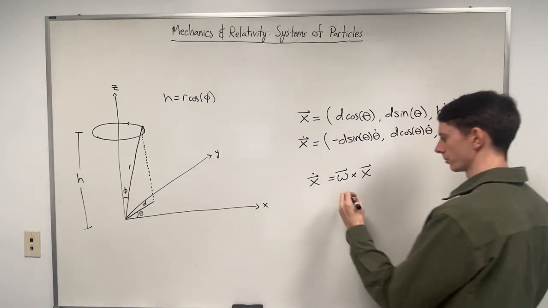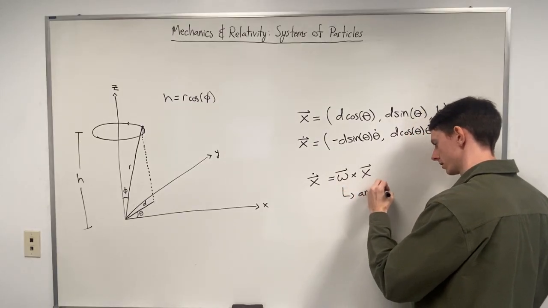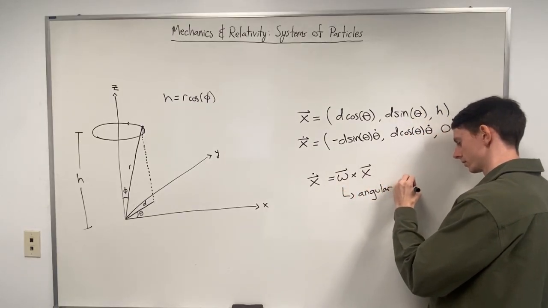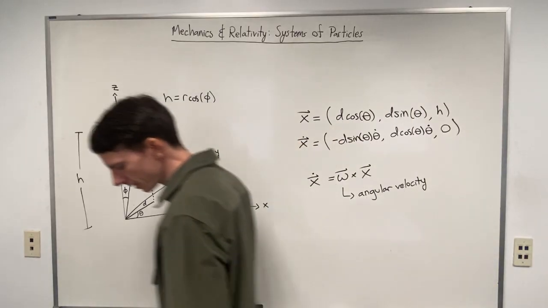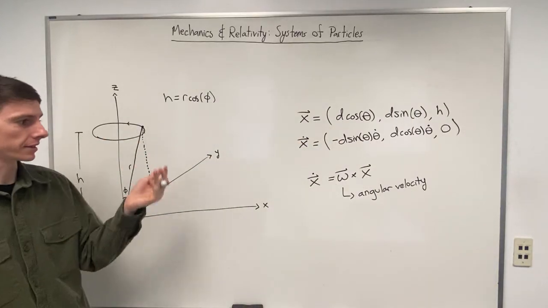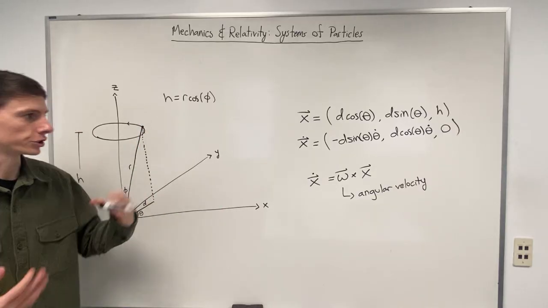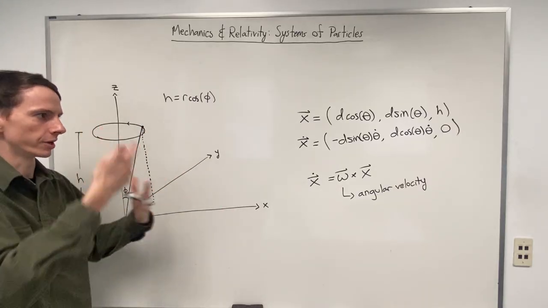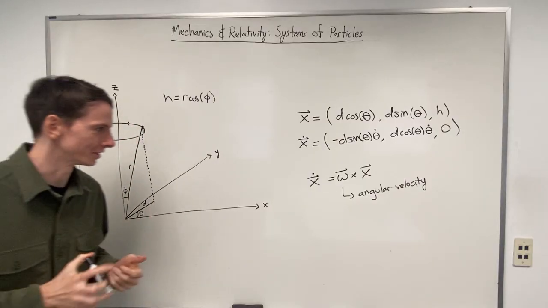All right. So maybe we'll say that this thing is the angular velocity of the particle. Now, to actually relate these two, we can find out what omega would need to equal, but to not do too much laborious math, I'm just going to tell you what it equals.